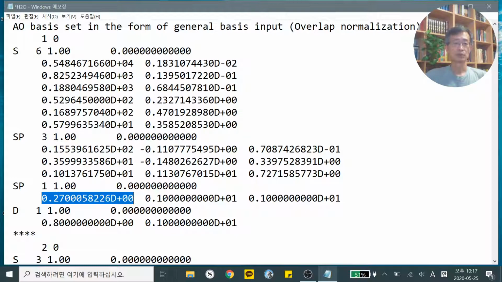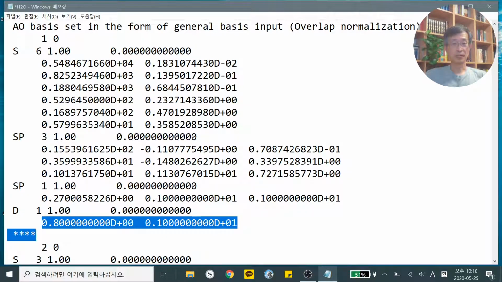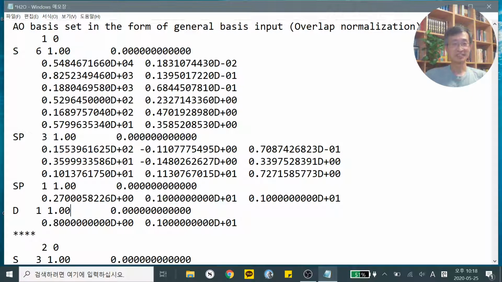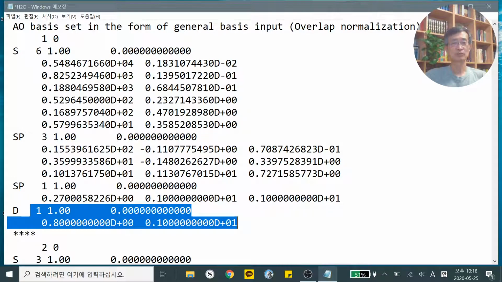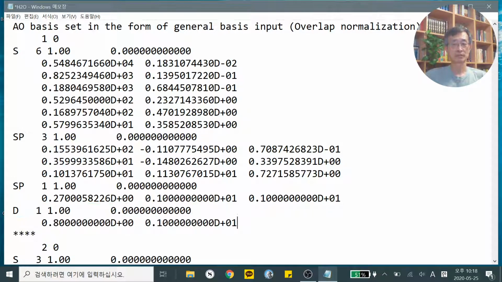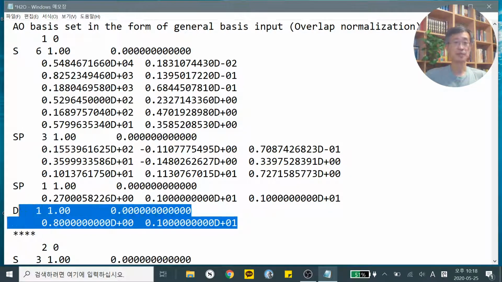So these 2 sets of primitive Gaussians are used to represent that contracted Gaussian function. And 6-31G star, this is the star: you use polarized Gaussian, which is the d function.